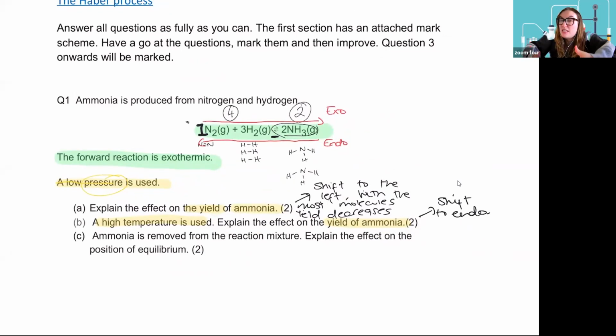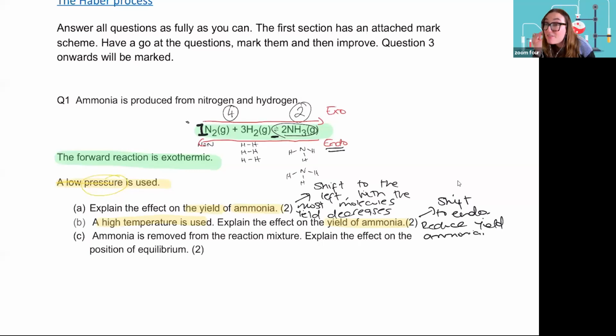Because, you know, the endothermic direction is going to absorb that excess heat. You don't have to explain that for this mark scheme, but it's a good thing to keep in your head. Now, because you're shifting it in the endothermic direction, and we have already noted that the endothermic direction is towards the left-hand side, again, this high temperature is going to reduce the yield or decrease the yield of ammonia.